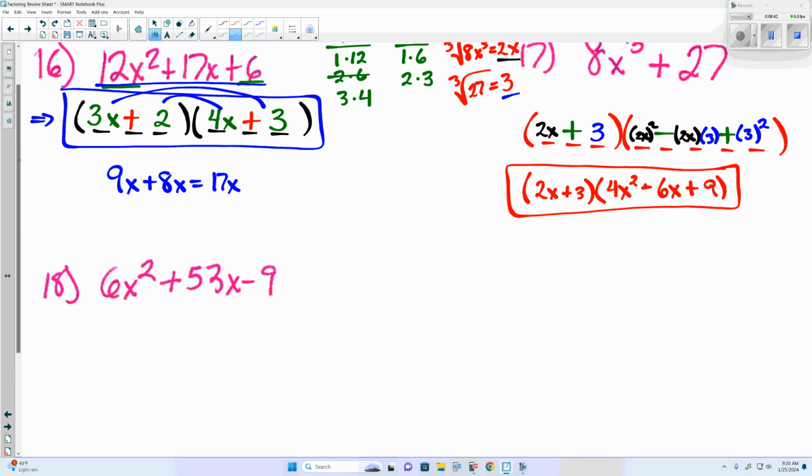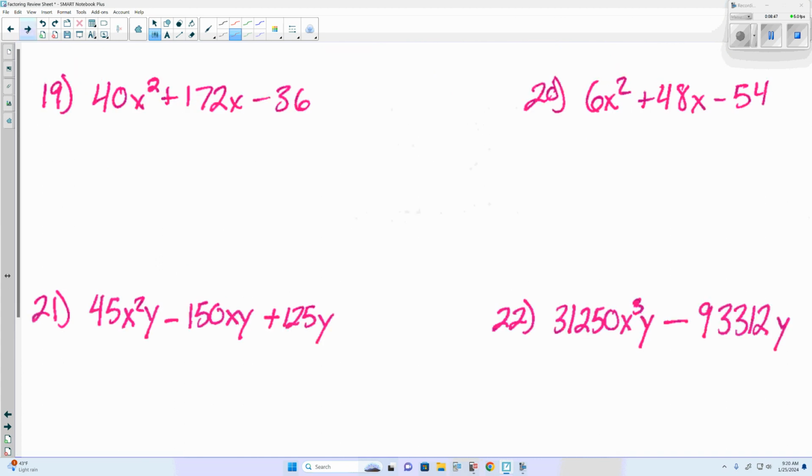Questions on these here? If we have time, we'll come back to 18, but I do want to look at 19 next: 40x squared plus 172x minus 36. Again, we should always be looking for the greatest common factor. If we can't immediately see what the greatest one possibly is, what's one factor of them all? 2. Take it out.